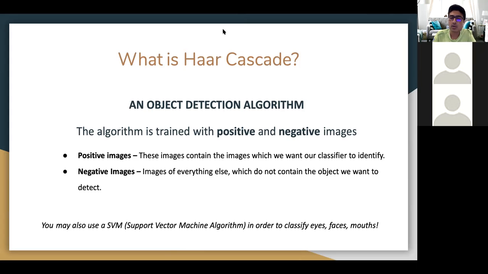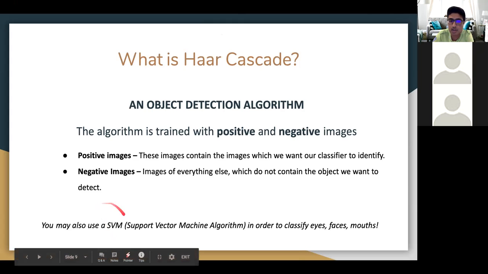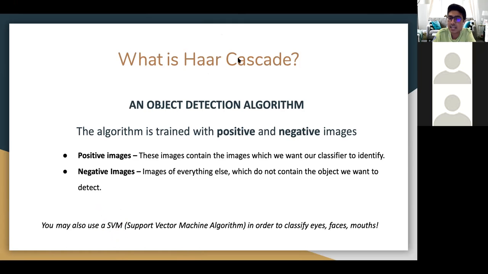And now this algorithm is a bit different. We talked about how we can detect faces with, at the bottom, we've got a little note right there, the support vector machine algorithm. But this Haar cascade is a bit similar, and consists of the same concept. The end goal, guys, is for us to be able to identify a certain feature.